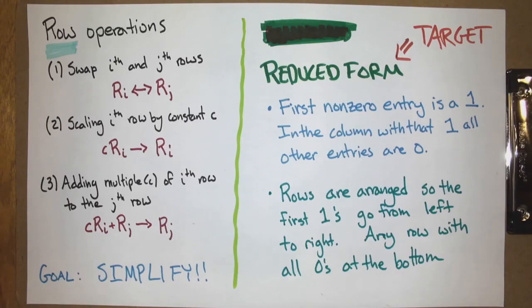But the important thing is they go from left to right. If we have any row with all zeros, that's at the bottom. So any row without non-zeros is at the bottom. So that's reduced form. And once you get to reduced form, you can read off your answer, just like we did with the previous problem. That's what we want to do.